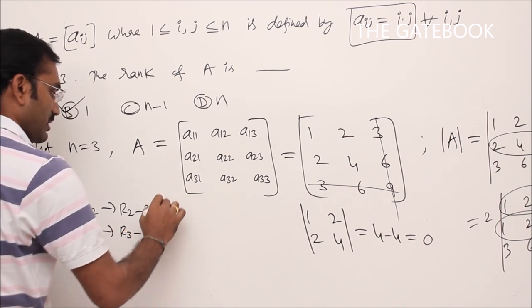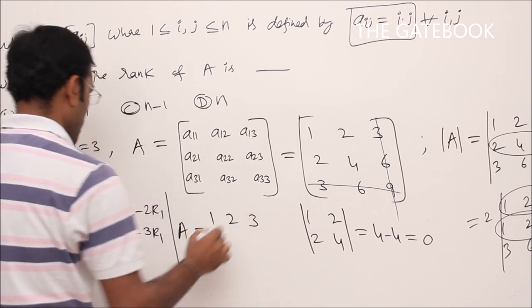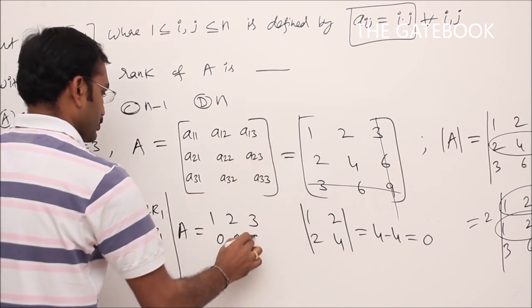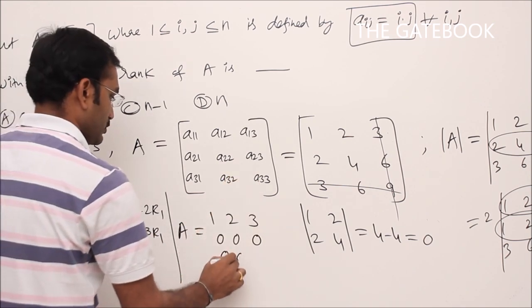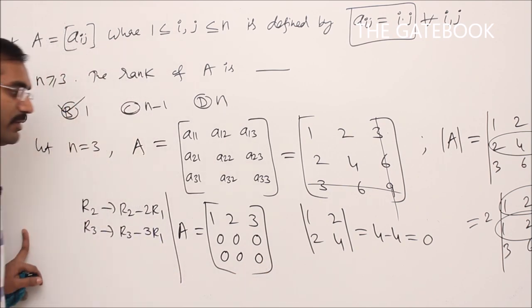So that matrix A will be reduced to 1, 2, 3. R2 minus 2R1 will give 0, 0, 0. R3 minus 3R1 will again give 0, 0, 0. So which is in echelon form.